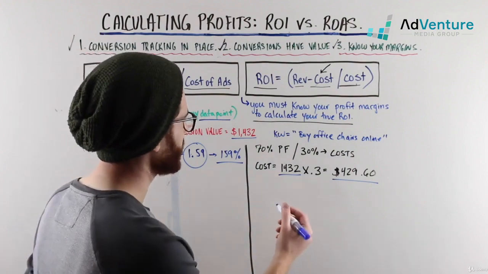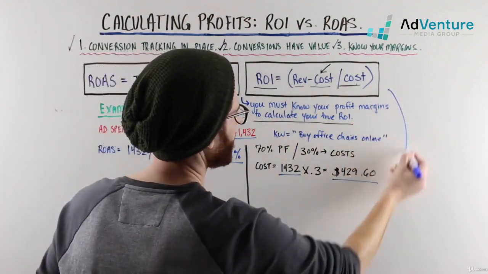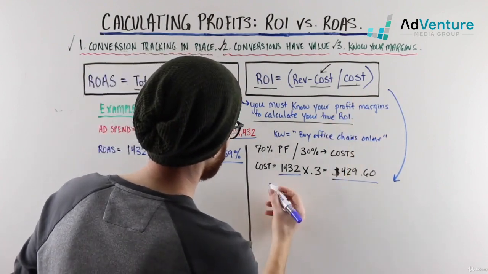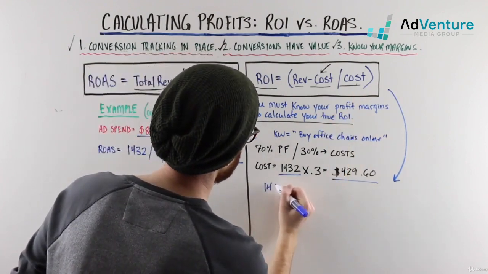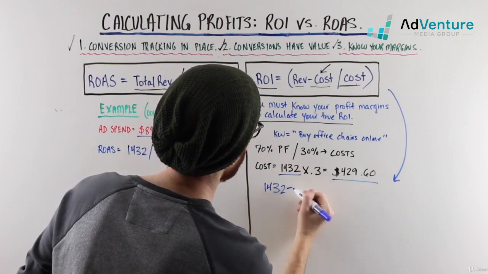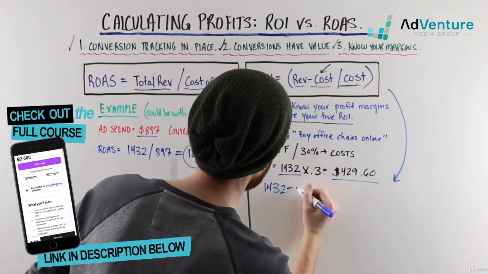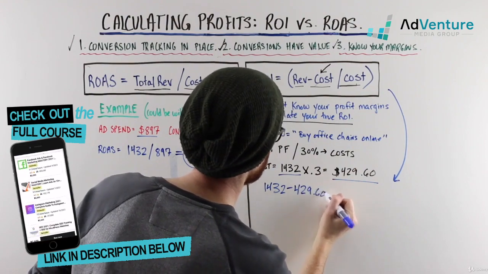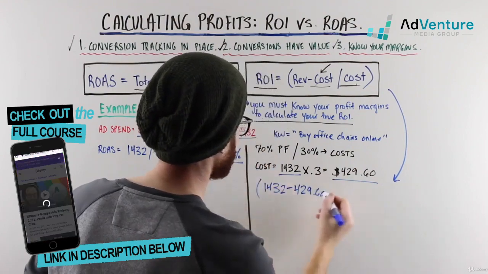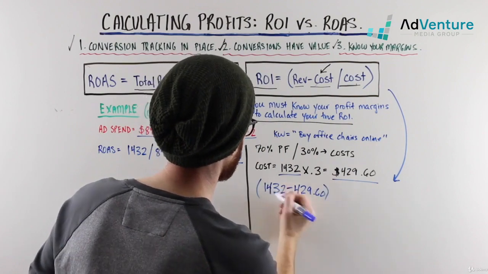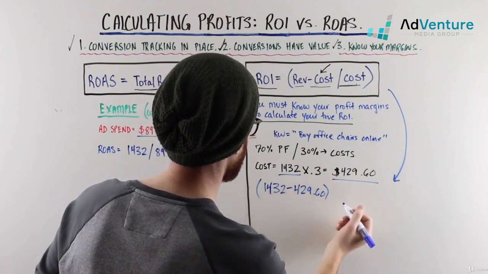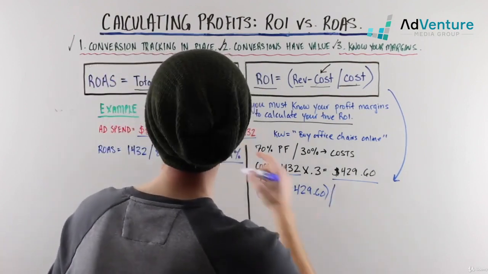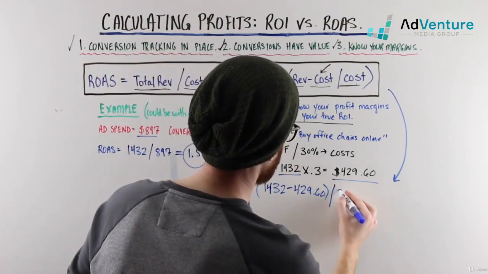Because now we'll do revenue minus cost. I'm going to plug in this formula down here. So revenue minus cost is 14.32 minus 4.30, okay, and we're going to divide that by our cost of advertising, which is $8.97.